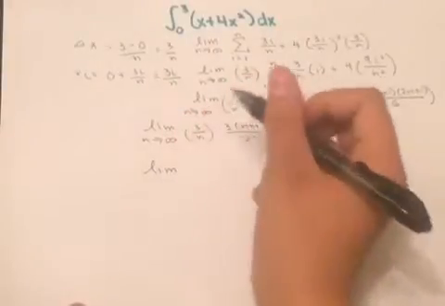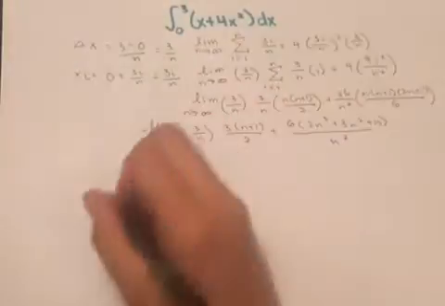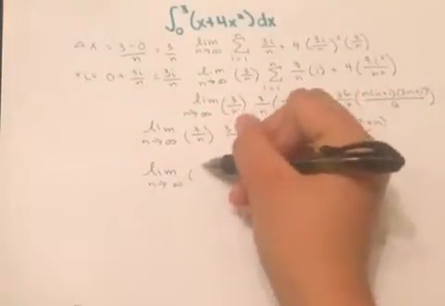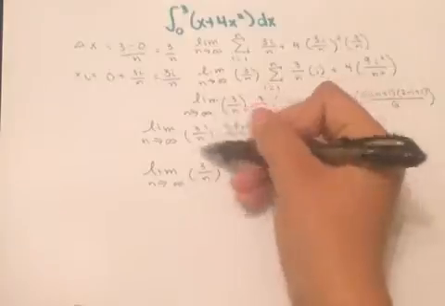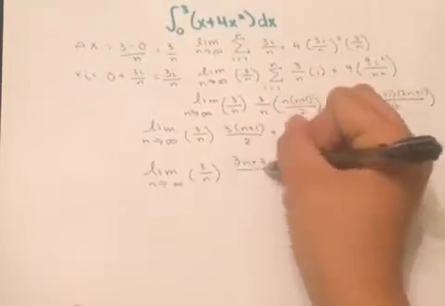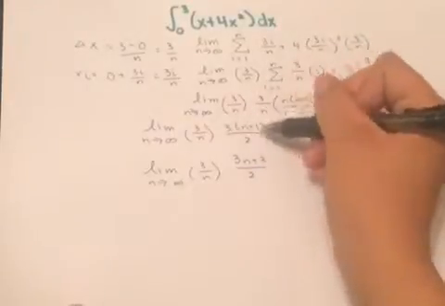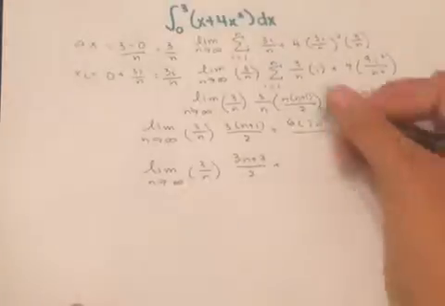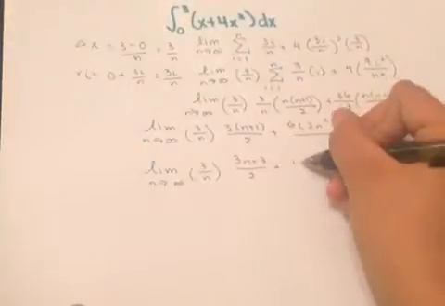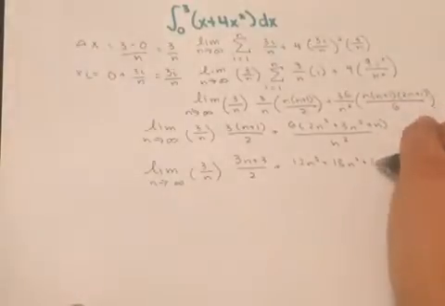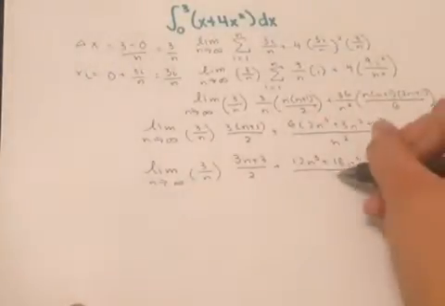And now we can just keep writing the limit towards infinity and still keeping the 3 over n at the very beginning. And we can now multiply the 3 into the n plus 1, so we get 3n plus 3 over 2. And then we can multiply the 6 into the various numbers in the parentheses, and so we get that over n squared.